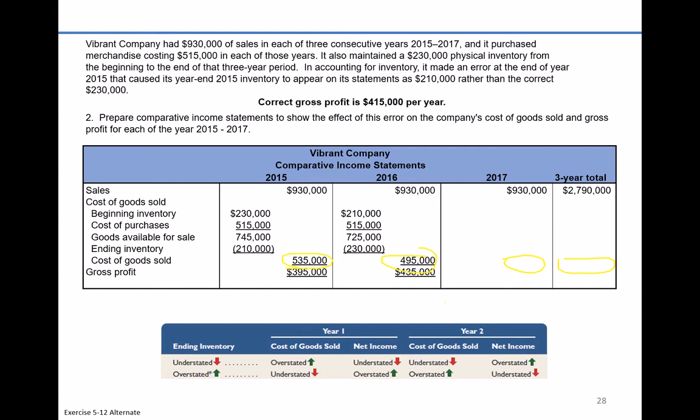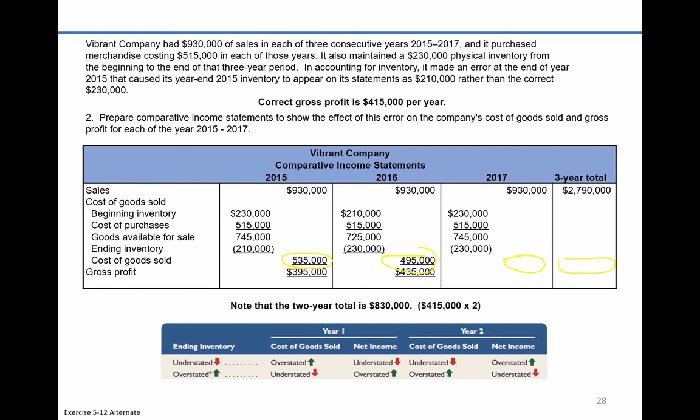Now we go into 2017. What are we going to begin with? We're going to begin with what we ended with from 2016. 230 is what we start with for 2017. Bought 515, goods available of 745. Subtract out our correct ending inventory.